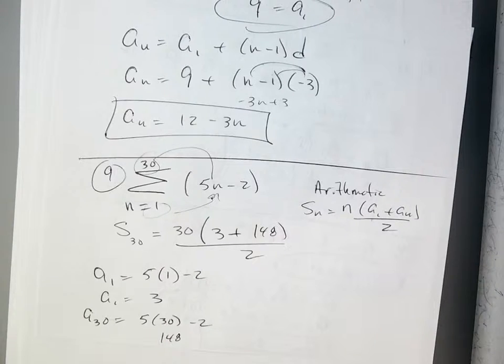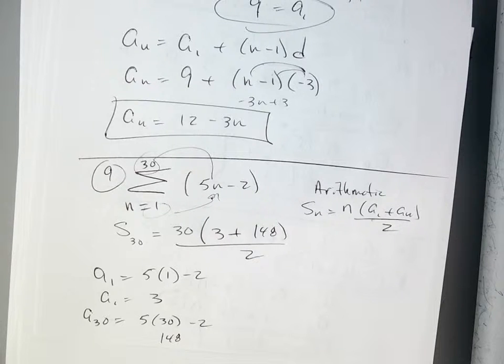Hold on. Can you go back a little bit? Yep. I got confused. So here's my formula, right? That's what I need. N is the number of terms, 30. A1, I don't know what the first term is, but I can make it. Plug in 1, I get 3. First term's 3.